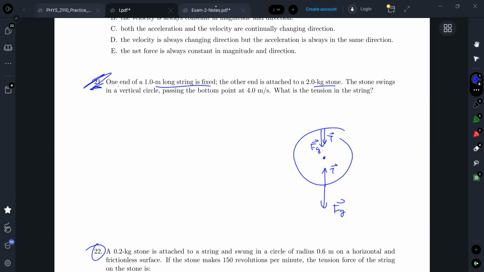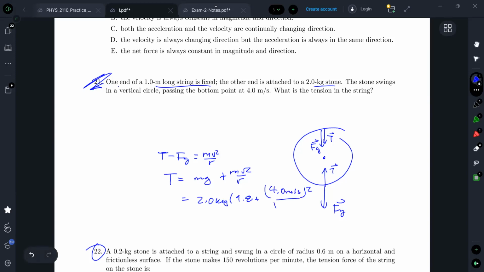Although we could just say it's tension minus gravitational force is our net centripetal force. And so tension is mg plus mv squared over R. So 2 kilograms, I'll just factor out mass, times 9.8 plus 4 meters per second, square that, over 1 meter.